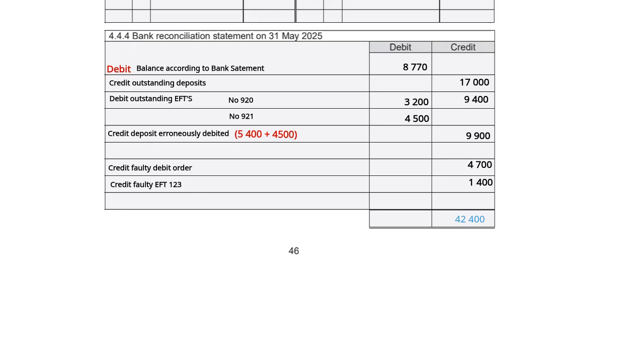So we know our debit side is also equal to 42,400. So our balancing figure will be a debit balance according to bank account, and that is 25,930. But another way to check this amount is when we go and complete our bank account.